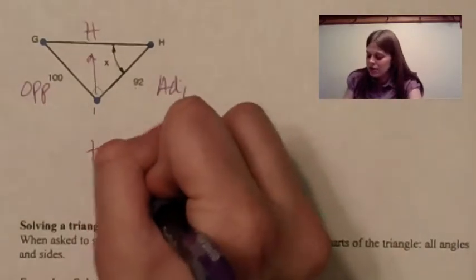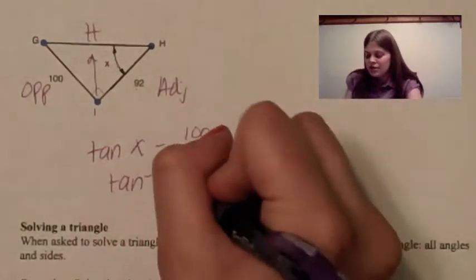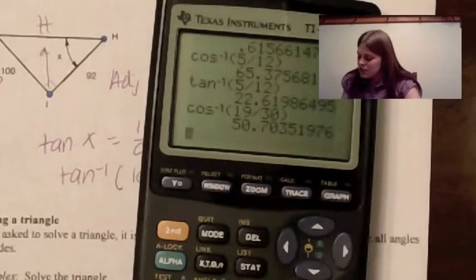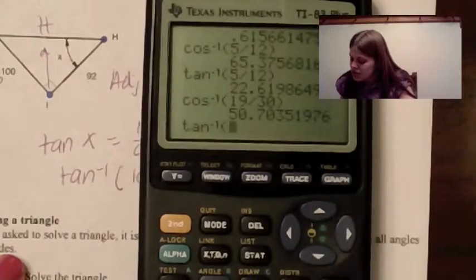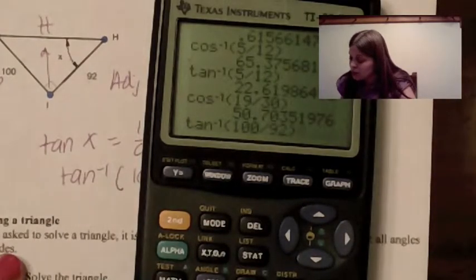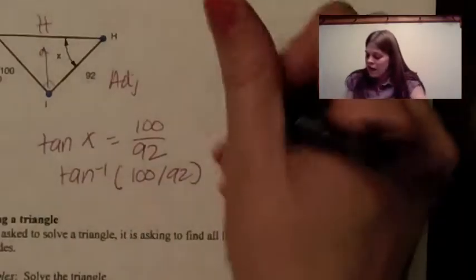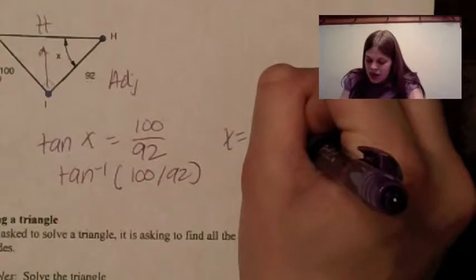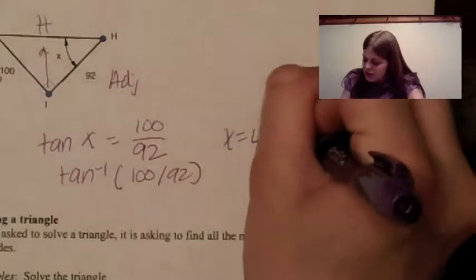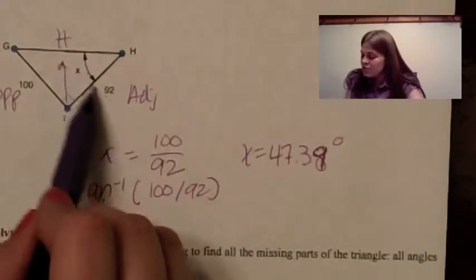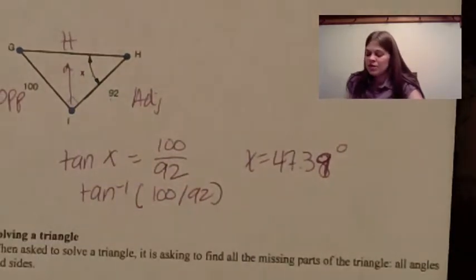So in my calculator, I have tangent -1, or the inverse tangent, of 100 divided by 92. So I do second tangent of 100 divided by 92. And I get x is 47.38. Oh, we're rounding to 2. 39. So this angle right here is 47.39 degrees.